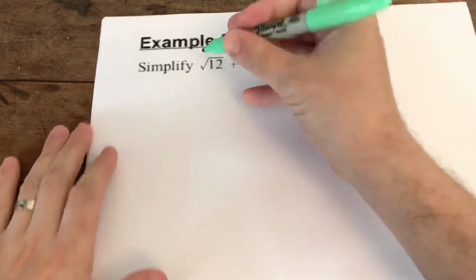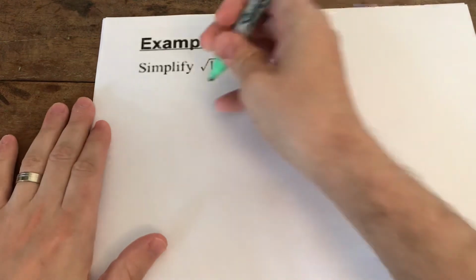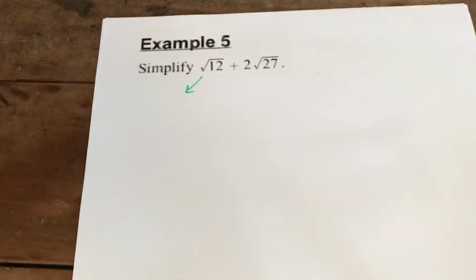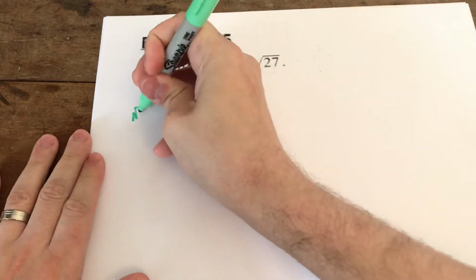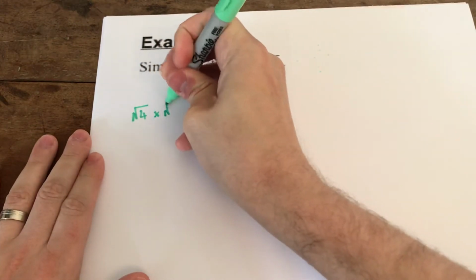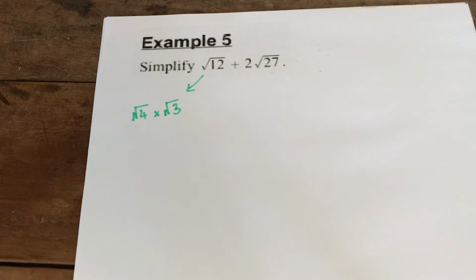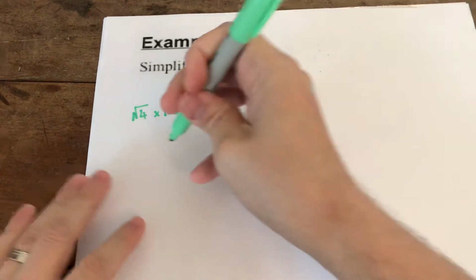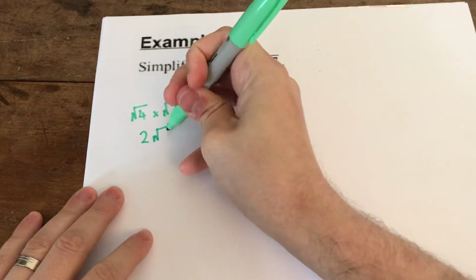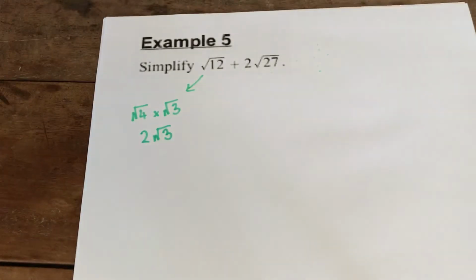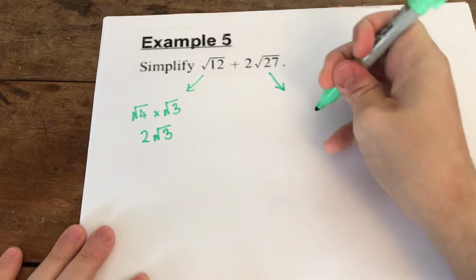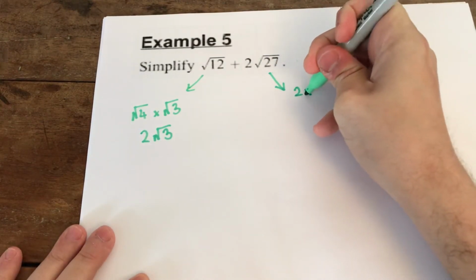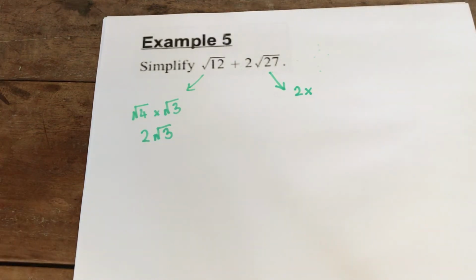So if we have a look, the square root of 12, the biggest square number that goes into 12 is 4, and then that is times the square root of 3. So when we square root 4, we get 2 root 3. Now this becomes 2 times, and then because it's 2 root 27, we say what's the biggest square number that goes into 27?